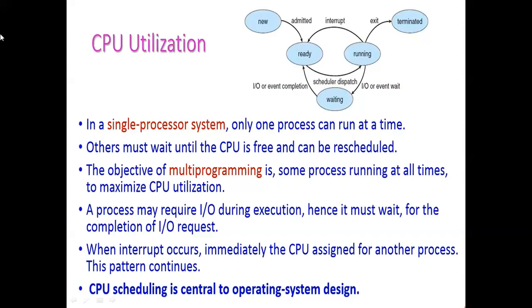A process may require an I/O request during execution. If so, it has to wait for the completion of the I/O request. When an interrupt occurs, the CPU is immediately assigned to another process. This pattern continues. CPU scheduling is central to operating system design.